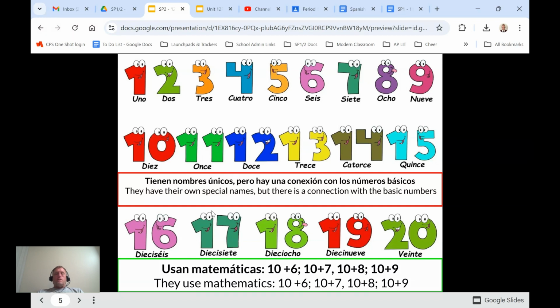Then when we get to 16 through 19, we are going to take 10 plus the number. So 10, spelled with a C instead of a Z, and the I as and. 6, 16, 10 and 6. 17, 18, 19, 20. Special number 20 for the next 10.